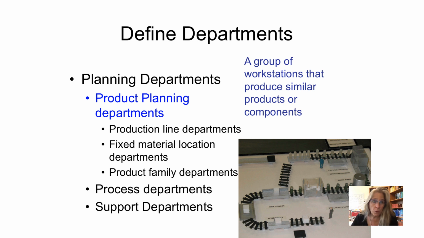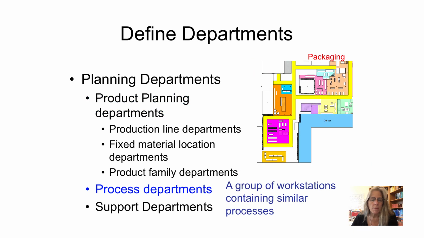The next general type of manufacturing department is a process department, which is a group of workstations containing similar processes. This is very much like the process departments that we have in Building 41, where we have lathes in one area and mills in one area and drill presses in one area. These are departments that are grouped together by process.